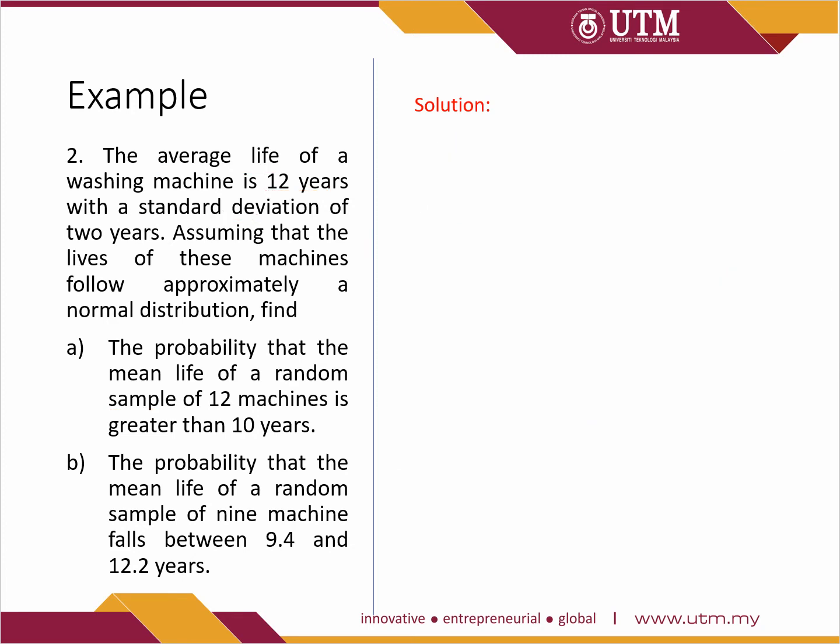Now we solve for B. Given the probability that the mean life of a random sample of 9 machines, so here we have n equal to 9. So the distribution, now we change, x bar follows normal, given the mean is 12, but the variance now is 2 squared over n, which is 9.